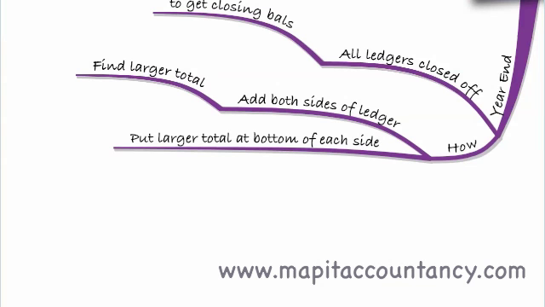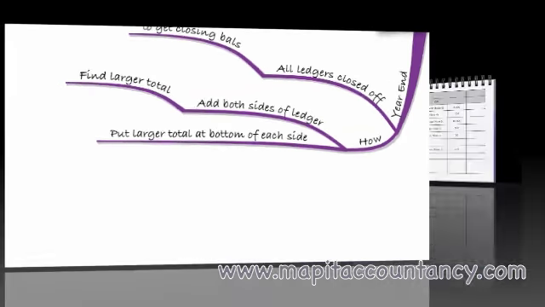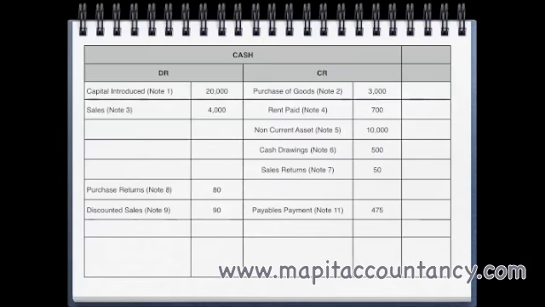So let's start doing this for our cash account that we have in our illustration 1. Let's start to balance it off by adding up each side, the debits and the credits, and finding the larger total. So here we have all of the entries that we created for our cash account.